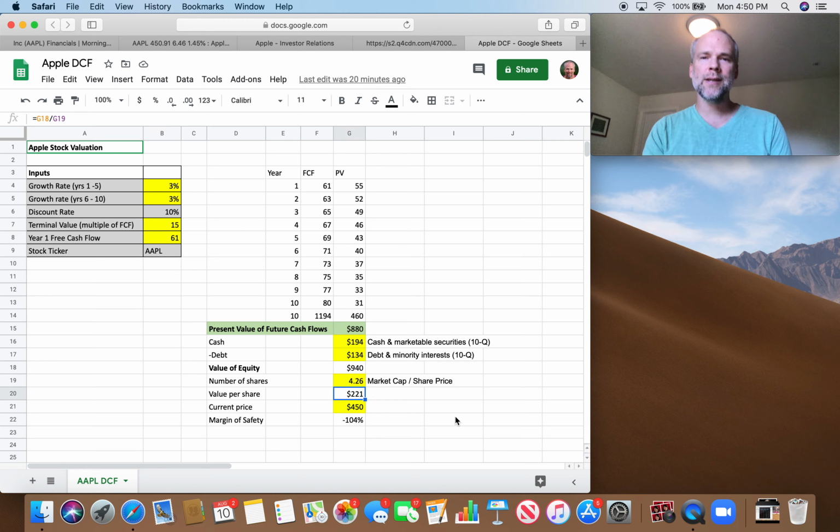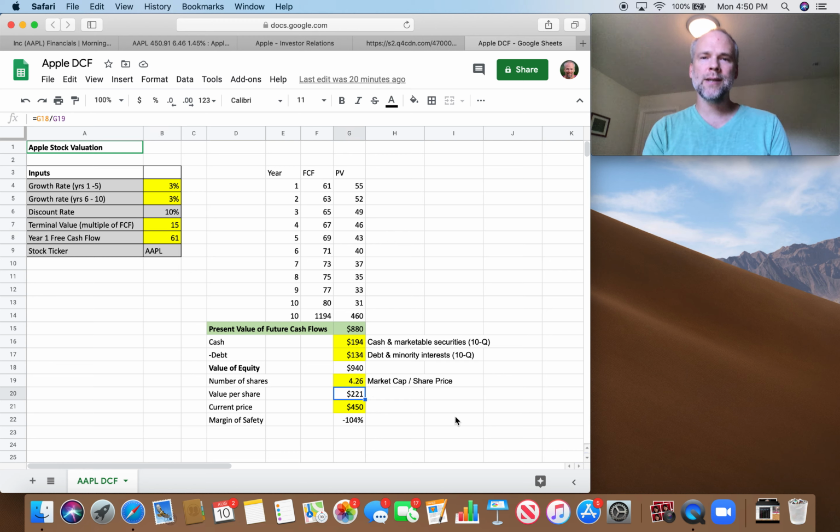Well, there's a few ways I'll answer that. One is the price for shares of Apple less than 5 months ago were about that value, about that $221. They're actually $224 per share near the end of March. If you look back just a year, Apple shares were trading at $200 per share.